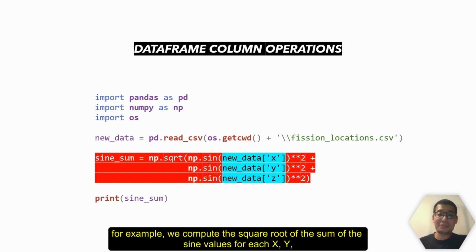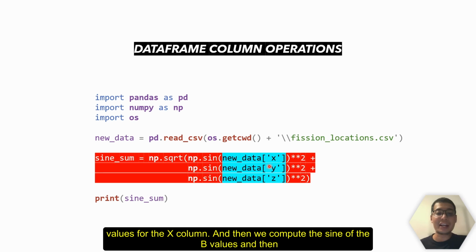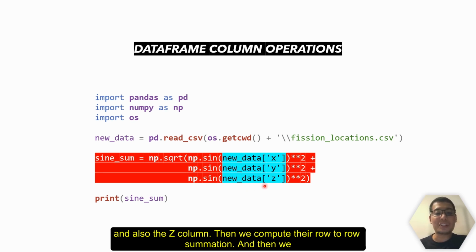Next, we can also apply some mathematical operations to the data frame columns. For example, we compute the square root of the sum of squared values for each of the x, y, and z coordinates. Here we extract all values of the x column, compute the sine of these values, and then compute the square of the sine. We do the same thing for the y column and also the z column.